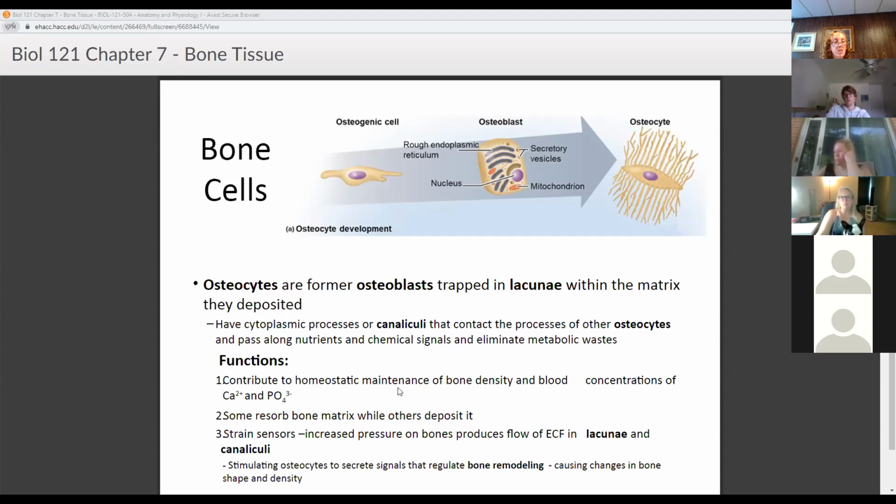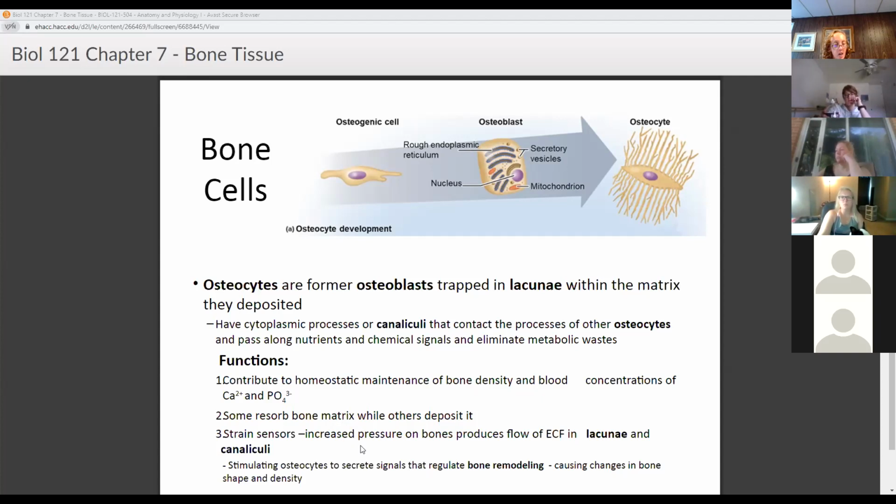The major functions of osteocytes are to contribute to the maintenance of bone density and blood concentrations of calcium and phosphate. They are strain sensors that respond to the flow of extracellular fluid in the lacunae and canaliculi.